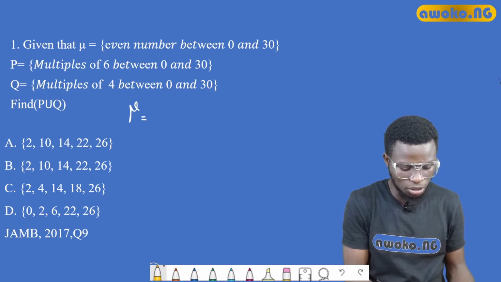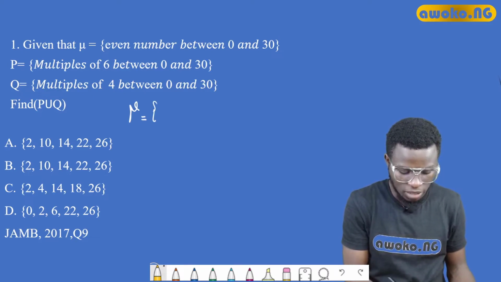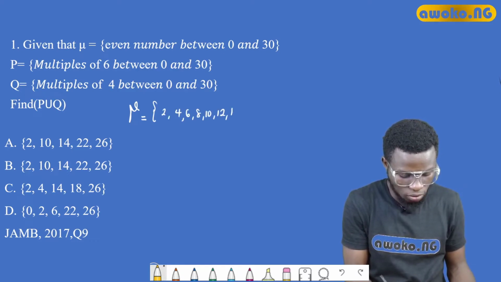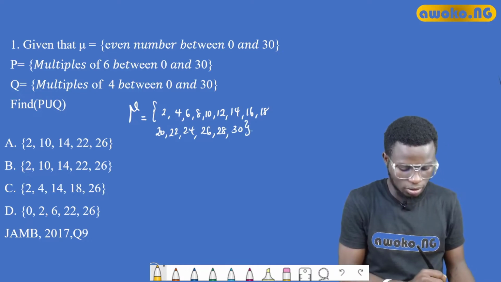The elements in mu are 2, 4, 6, 8, 10, 12, 14, 16, 18, 20, 22, 24, 26, 28, and 30 inclusive.